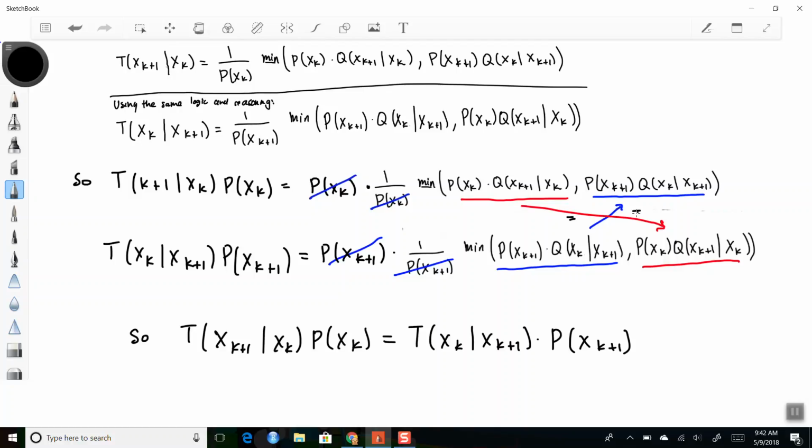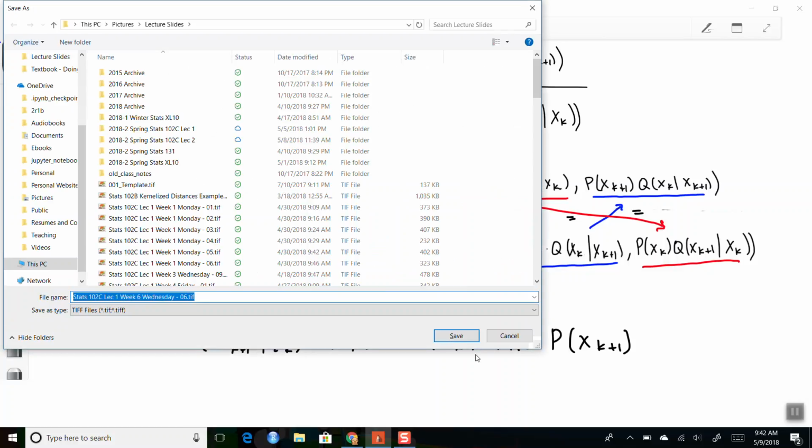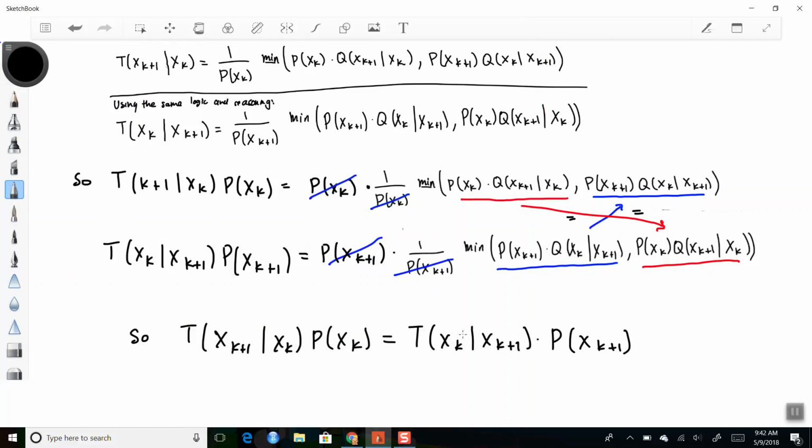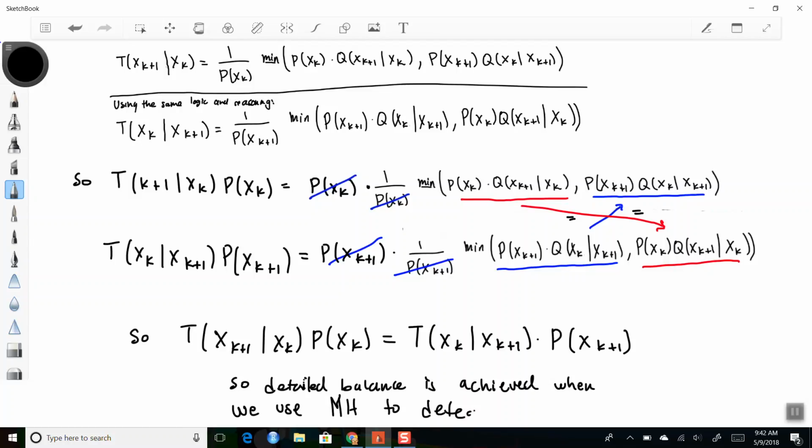So these are equal and these are equal, which means detailed balance is achieved when we use Metropolis Hastings to determine transition probabilities.